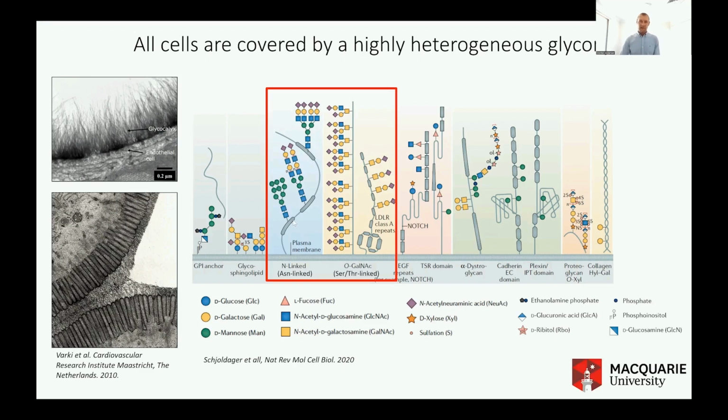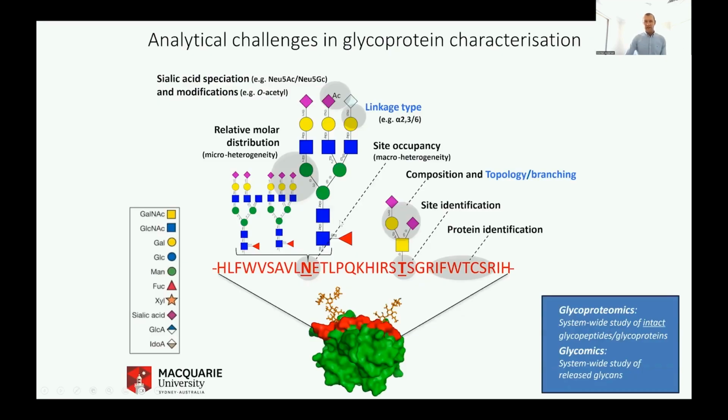We need to be able to characterize glycoproteins as a prerequisite to understanding their function. But there are a lot of analytical challenges relating to glycoprotein characterization, as I've tried to indicate in this slide. Looking at a relatively simple glycoprotein with two glycosylation sites, an O-linked glycan and an N-linked glycan, from an analytical point of view there are many levels of insight we need to obtain.